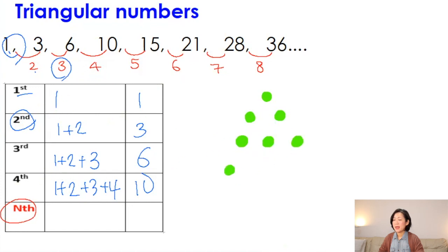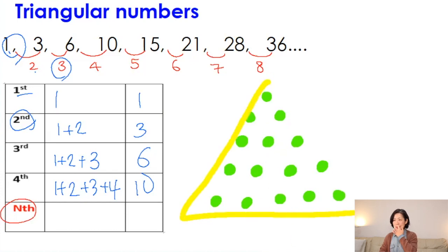And now I'm going to add 3 circles and all together that is 6. Add 4 more circles and that adds up to 10. The next one, add 5 more circles and it gives you 15 circles all together. So look at these circles, they form a triangle. That's why this number sequence is called the triangular numbers.